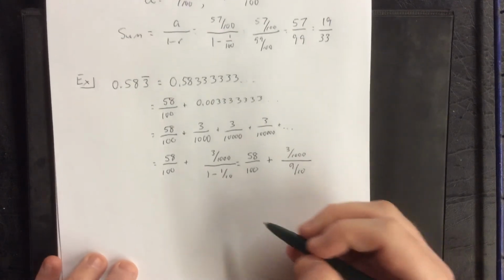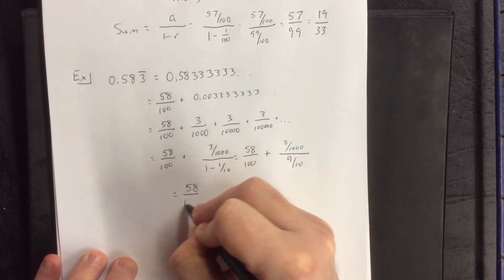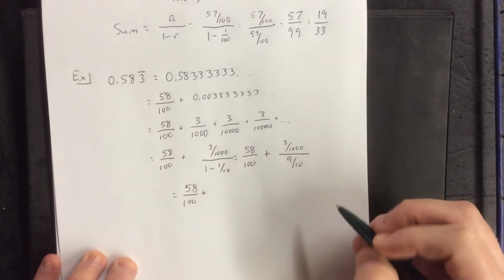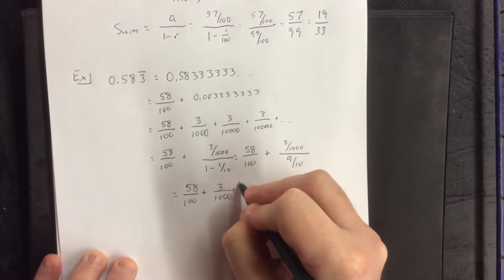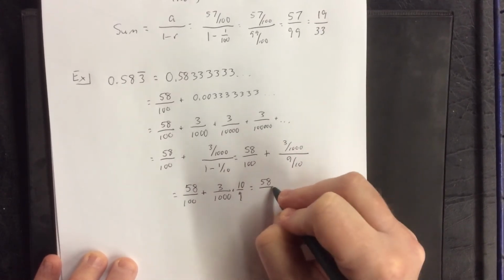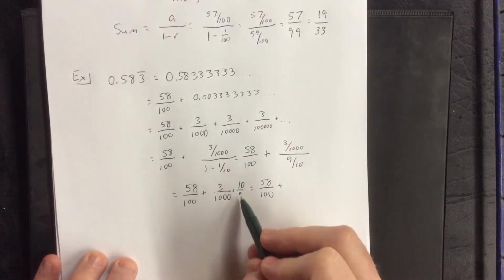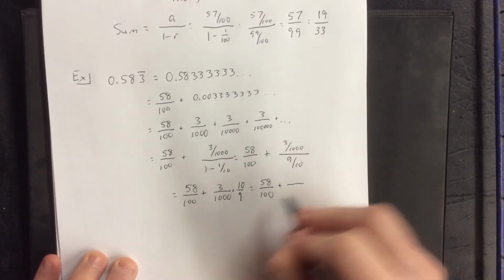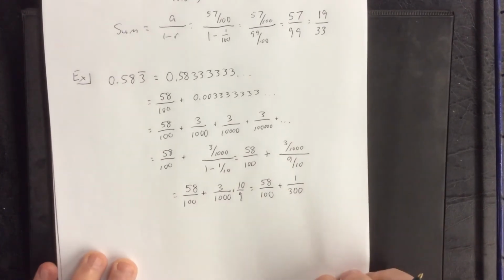If we flip and multiply, we get 58 hundredths plus 3 over 1,000 times 10 over 9, which reduces quite nicely. The 3 over 9 will reduce to 1/3, and the 10 over 1,000 reduces to 1 over 100, leaving us with 300 in the denominator.